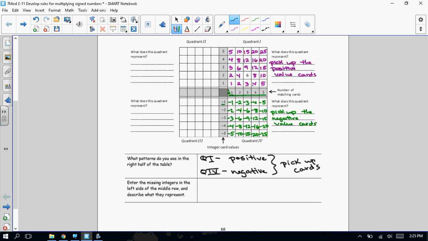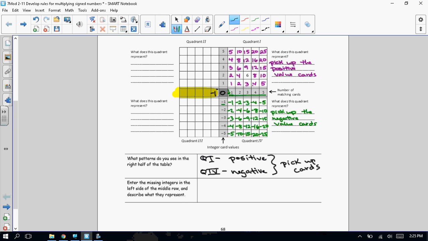Okay, now it wants me to fill in. If you notice, this section here is empty. You see that? That whole spot right there is empty. So what they want us to do is to fill this in. So what numbers do we have to put in there? Well, if this represents 0, and if I am going to the right, my numbers are positive, so if I go to the left, my numbers are going to be negative.